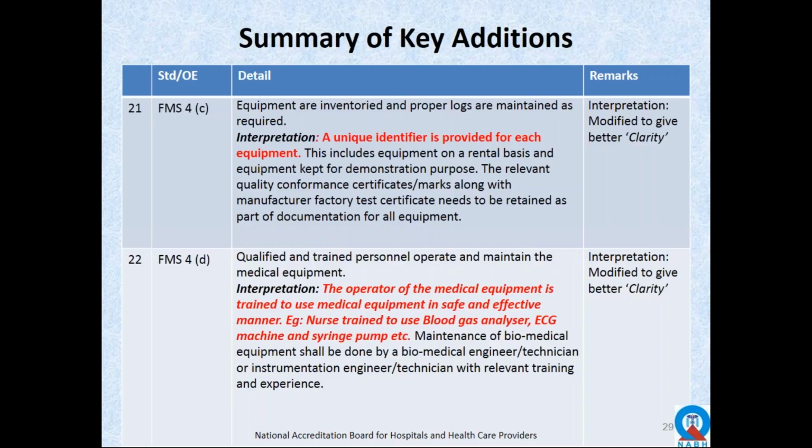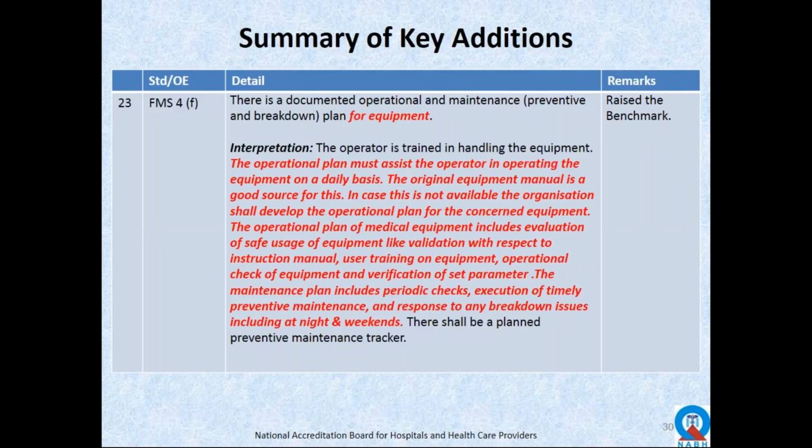FMS 4F, this is regarding the operational and maintenance plan for medical equipment. Now, just as we saw that there is a modified interpretation to bring more clarity into the operational plan and the maintenance plan for engineering equipment, even in the medical equipment, the interpretation has been added to detail the requirements of the operational plan and the maintenance plan, where again the operational plan can be drawn from the original equipment manual, and in case that is not available, the organization is required to develop its own operational manual.